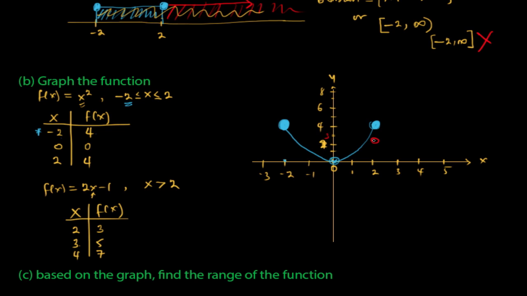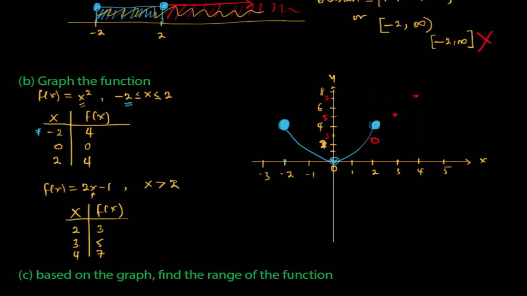Then it says when x is 3, f of x is 5. So somewhere around here. And then when x is 4, f of x is 7. So this is my 5, this is my 7. When x is 4, this is my 4, and then this is my 7. So here we go.